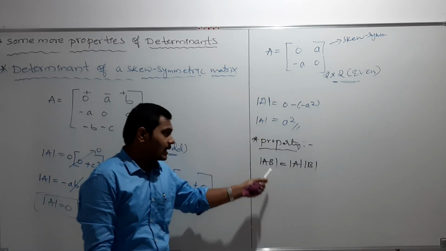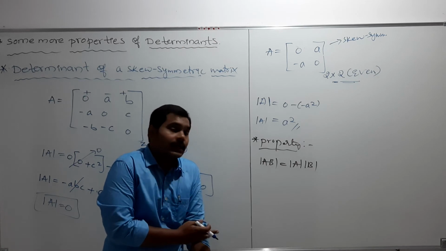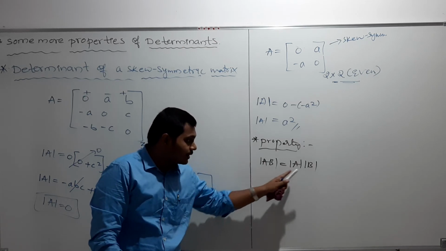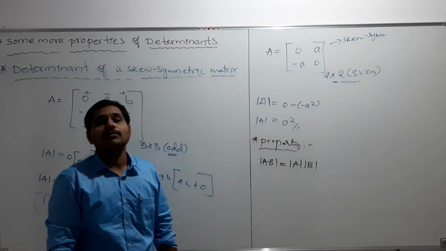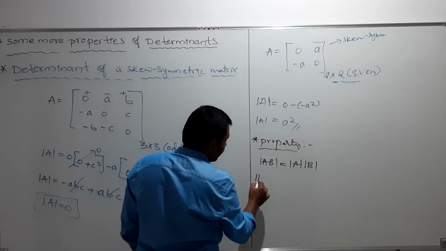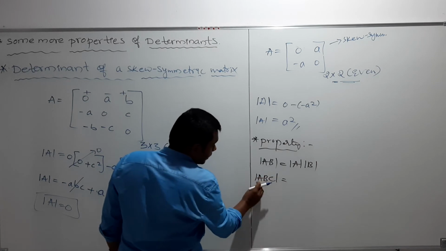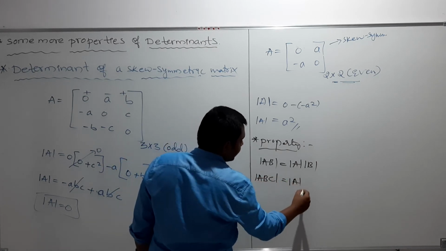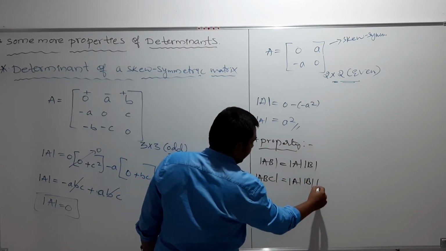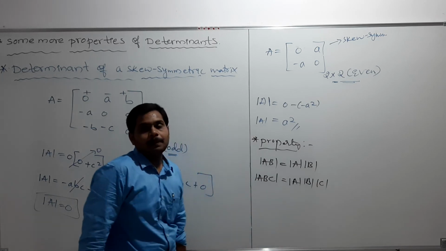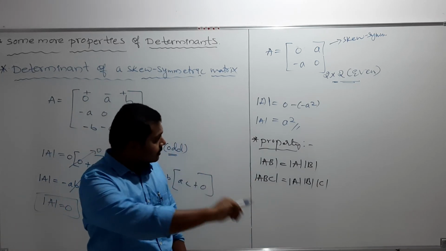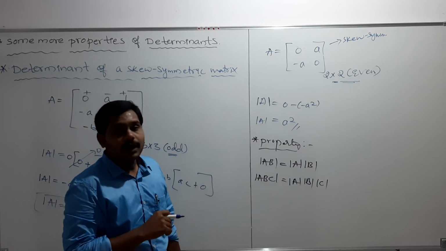Similarly, if you have three matrices of the same order A, B, C, then determinant of ABC is equal to determinant of A, determinant of B, determinant of C. Clear? So these properties are very, very important.